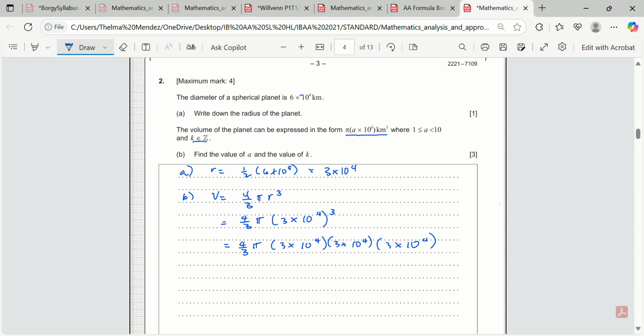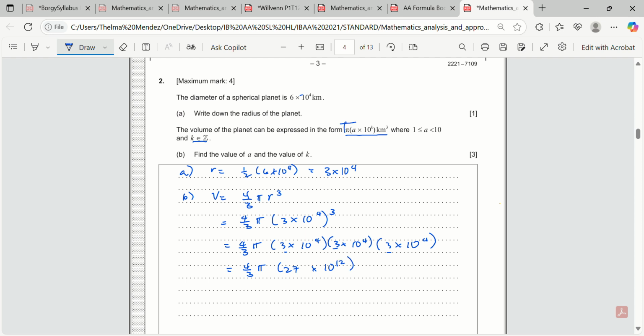These are all multiplication. It's the same as 4/3 pi, 3 times 3 times 3 is 27, times 10 to the 4th, 10 to the 4th, 10 to the 4th is 10 to the 12th power.